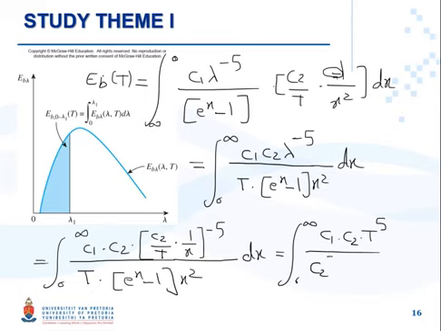C2 to the power of 5, because it was minus 5 on top, will go down, multiplied by T, which stays here. x goes up 5, x^2, so it will be x^3 on top, over e^x minus 1 dx.